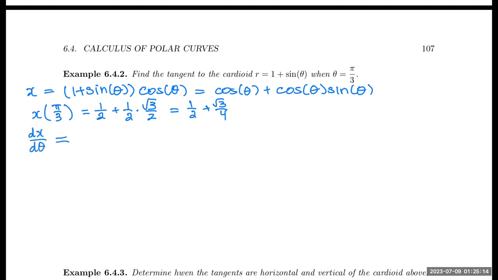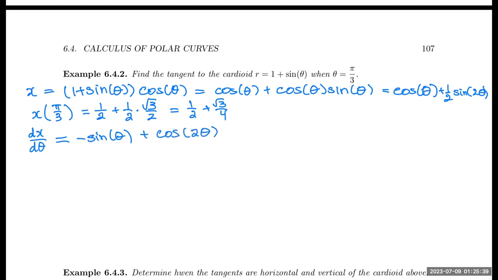As well, for the x, we will have dx divided by d theta. This is going to equal negative sine theta. Now I could also rewrite this as cos theta plus half sine 2 theta. So that means what I'll get here is plus cos 2 theta.